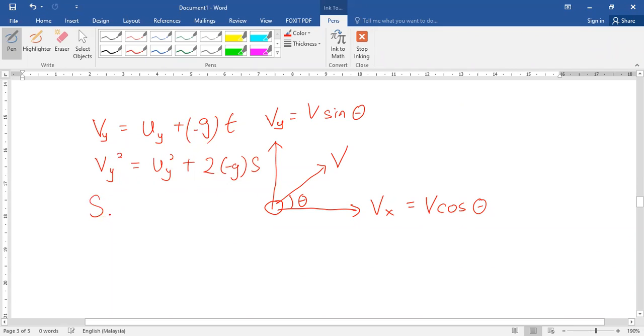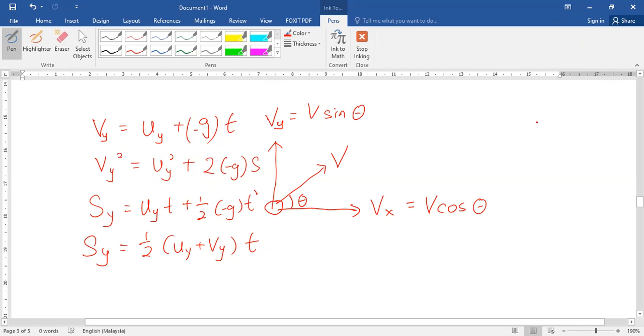And Sy equals Uy t plus 1 over 2 negative g t squared. And Sy equals 1 over 2 times Uy plus Vy times t. So these are the formulas we use for y. It is easier for us to remember this, because if I put in sin delta and cos delta, it works already.